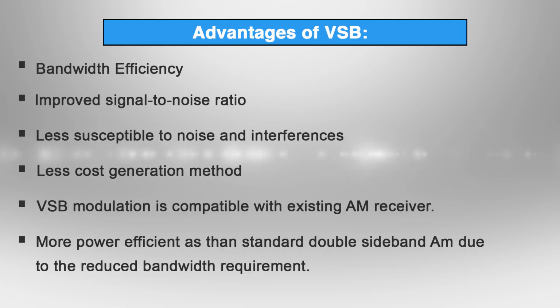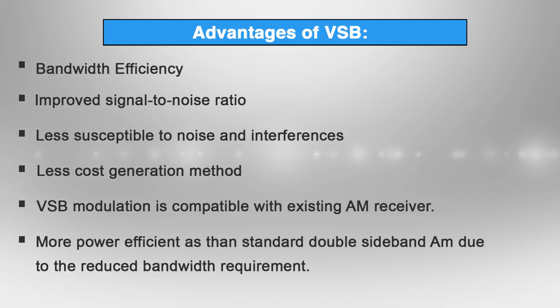VSB modulation is less susceptible to interference from other signals, and the VSB modulated signal has a good signal to noise ratio. So, the advantages of VSB modulation include efficient use of bandwidth, improved signal to noise ratio, less susceptibility to noise and interference, and a less costly generation method.